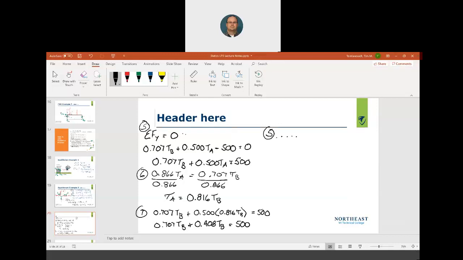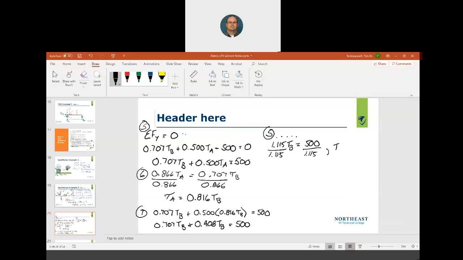So now I can add these together. 0.707, we can add like variables, plus 0.408, so we get 1.115 TB equals 500, and divide by 1.115 to solve for TB. 500 divided by 1.115 is 448.4.